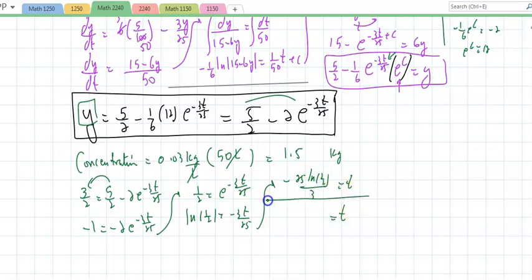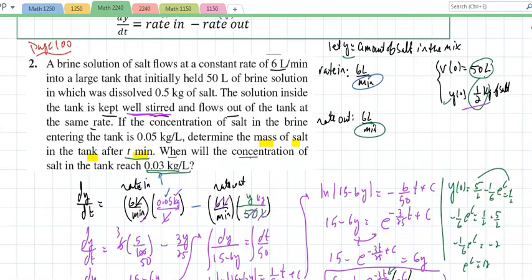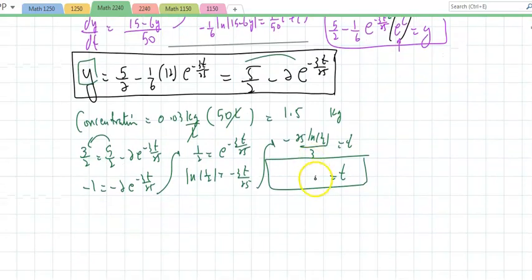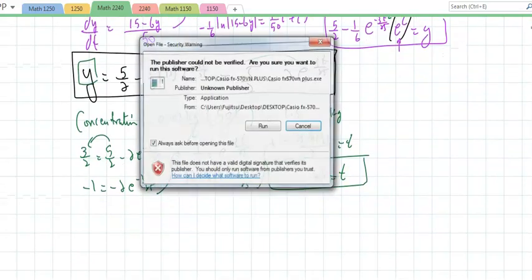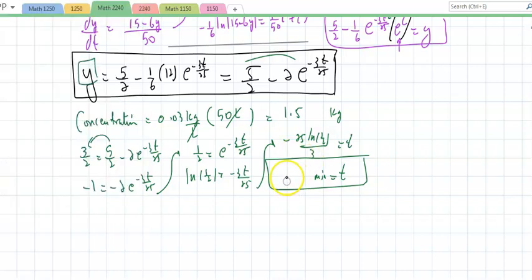And t will be, this was in, what was it? I lost track. Minutes, right? It was given per minutes. So this is going to be how many minutes? And if I get my calculator out, and if I take negative 25 natural log of 1 half, or 0.5, divided by 3, 5.8 minutes.